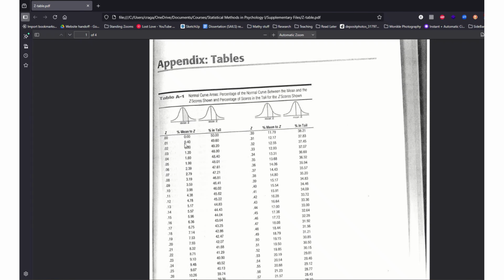It's telling you the probability of finding a value between z and the mean. Whereas this column is telling you the probability of finding any value greater than z, because the shaded portion is to the right.